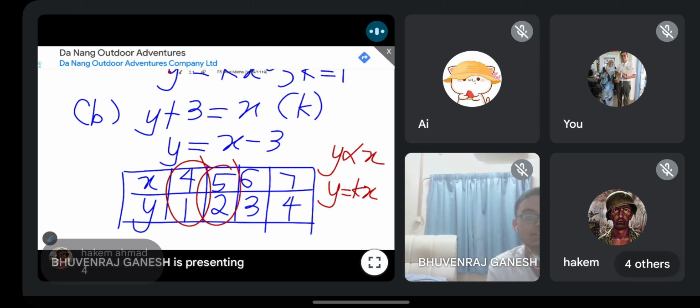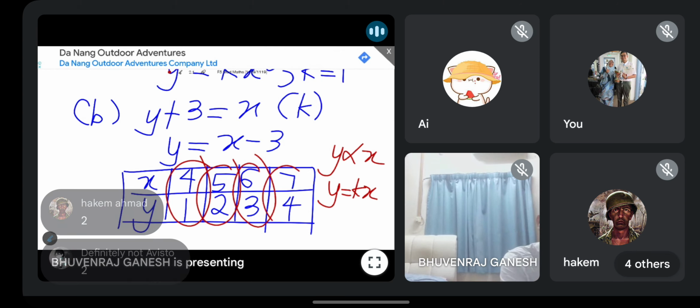Second column, what is the K value? Are you sure? Hakim, you must see the equation carefully. K is Y bahagi X, not Y darab X. Yes, 2.5. How about the third one? What is the K value? Okay, what about the fourth one? What is the K value?